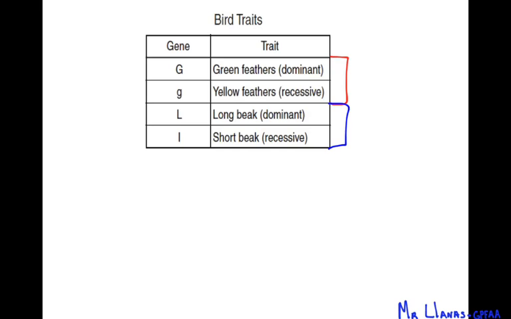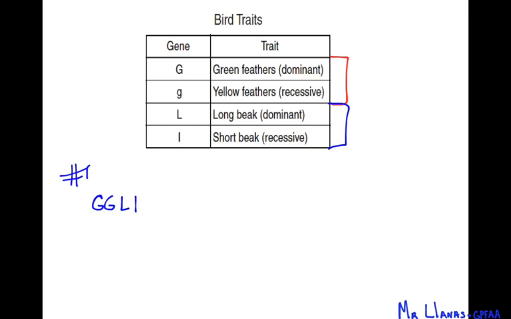Okay, so let's say that parent 1 is homozygous dominant for green feathers. So that would give us big G, big G, and it is heterozygous for the beak. And we know that heterozygous would be big L, little l. Okay, so that's parent 1.